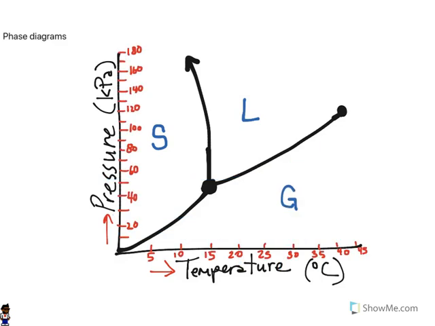Okay, let's just do a sample. I'll give you a couple of seconds to try and figure out. Could you tell me what state of matter a substance would be at 120 kPa and 20 degrees Celsius? Try and figure out what state of matter that might fall under.